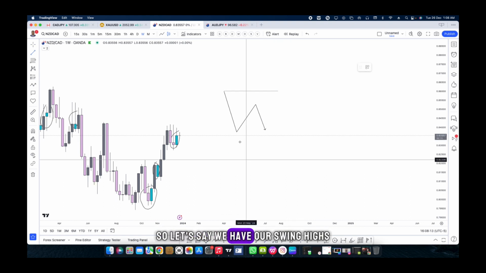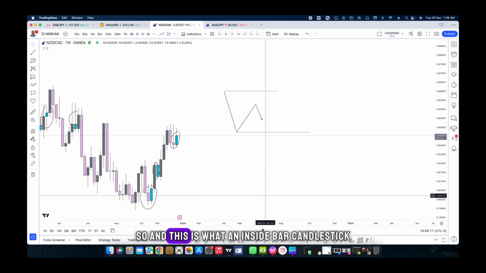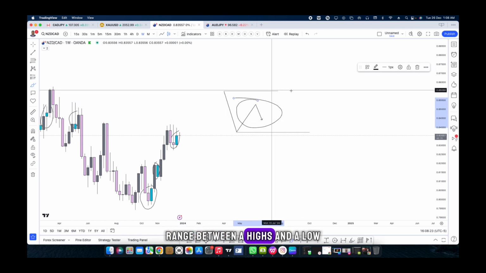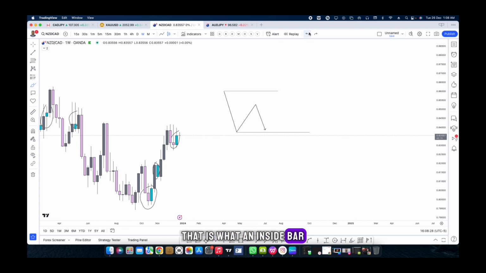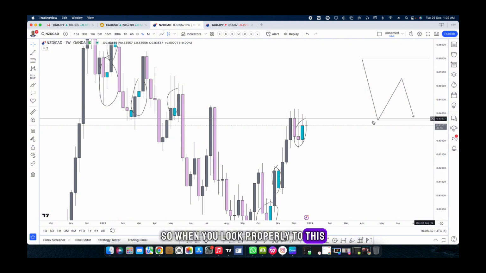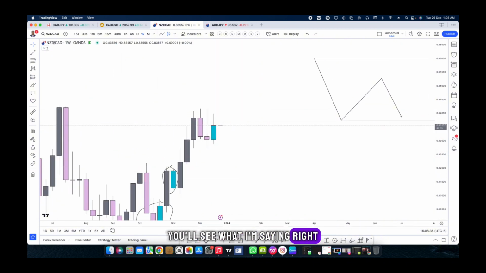Let's say we have our swing high and our swing low. This is what an inside bar candlestick represents: the range between a high and a low. That is what an inside bar candlestick is. When you look properly at this inside bar candlestick, you will see what I'm saying, right?